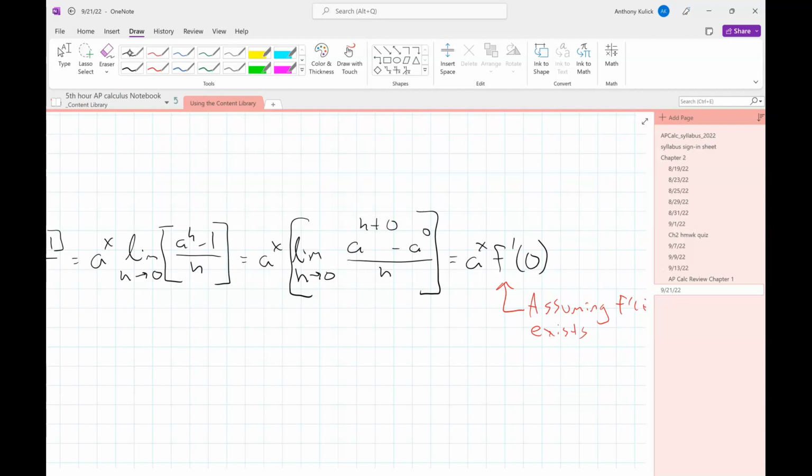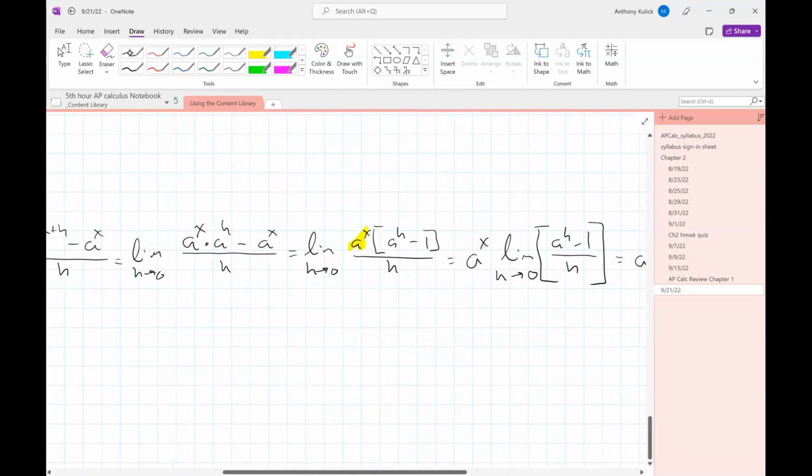Everybody's okay with this? Let's do a numeric example.